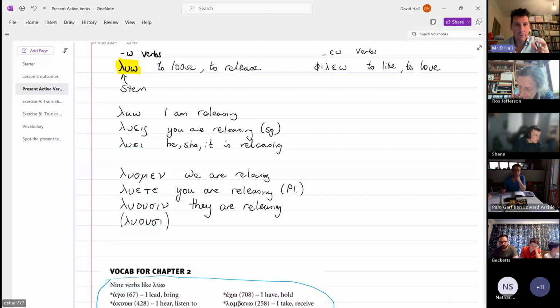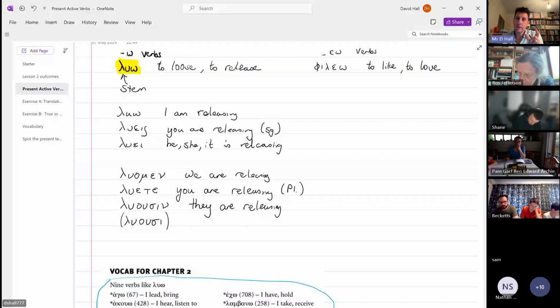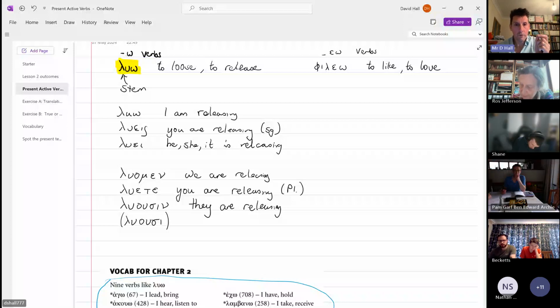And so what happens with a contraction is that when you get some vowels that come next to each other, they kind of morph into something. Some of them disappear, some of them change letter. So we're just going to look at what happens to the contractions, and then we have to learn those contractions and learn to spot them. They're going to come up quite a bit over the course in terms of being able to understand how these work.